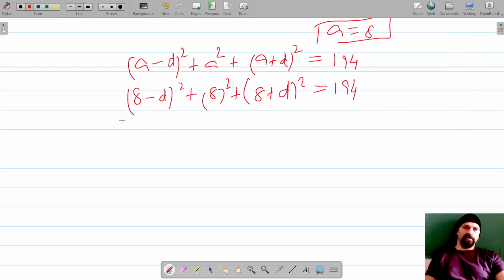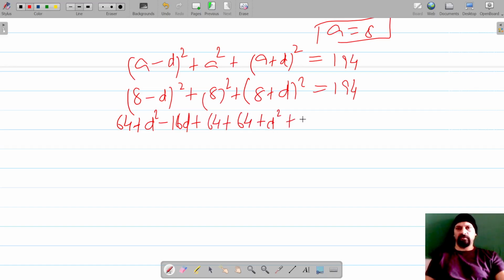So 8 minus d the whole square is 64 plus d square minus 16d, and 8 square is 64, and 8 plus d the whole square is 64 plus d square plus 16d. So this 16d gets cancelled, and 64 three times, 3 fours are 12, 192, plus 2d square is equal to 194.